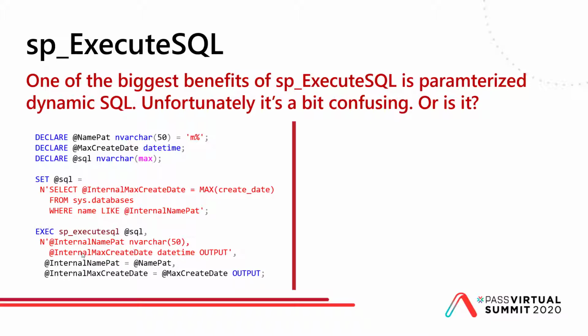Then you pass those variables into Execute Sql. You define them, you pass them in, and then when you run this, it's going to use the contents of those variables as, well, the contents of the variables. Clear as mud, right? Well, it's really not as complicated as it sounds.